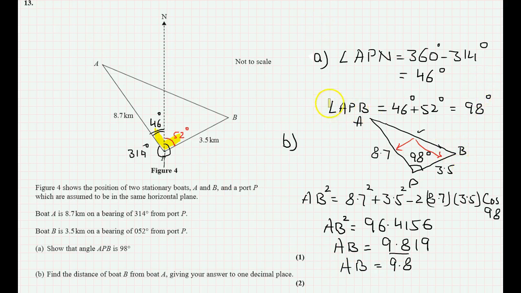So the first part was angle APB, so 98 degrees, and the second part, the distance of boat B from A, that is 9.8.